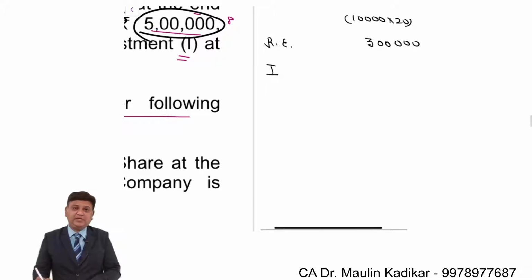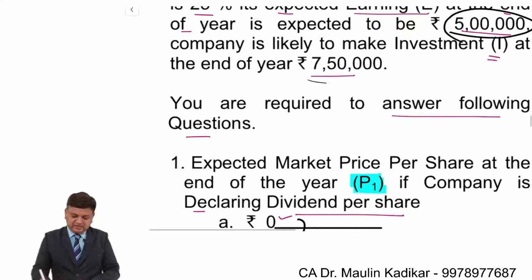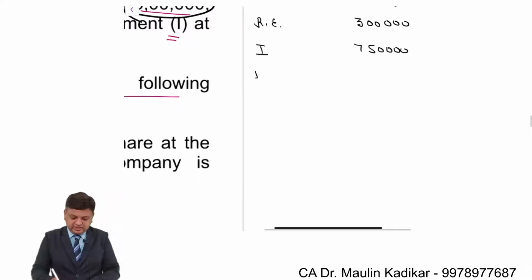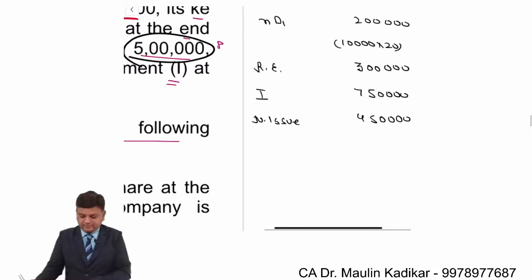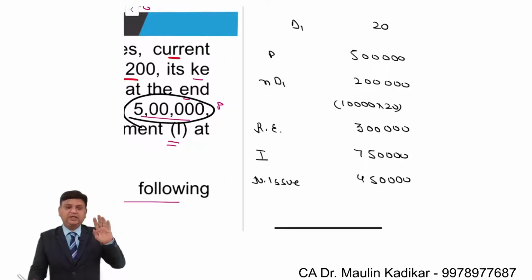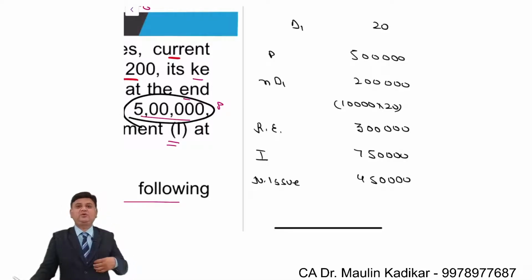What is the investment that you are going to make? 7,50,000, to be made at the end of the year. So we are required to make the new issue of equity share of how much rupees? 4,50,000. If the dividend is 20, then the price of equity share will be 230.